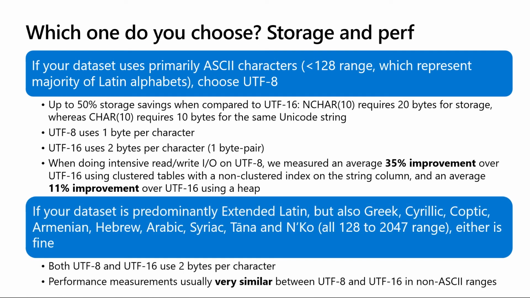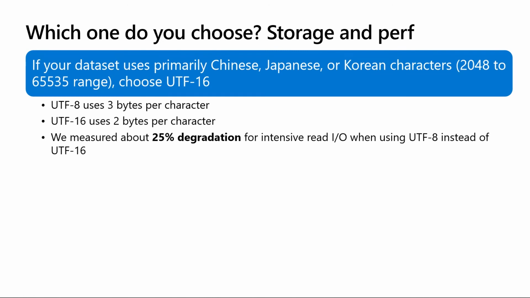If your data set is predominantly extended Latin, and also these other languages, both UTF-8 and UTF-16 use 2 bytes. So performance measurements that we've seen are very similar, and you can choose whichever you want to. If your data set is primarily Chinese, Japanese, Korean characters, so all the other characters that sit in the BMP range, then you will want to use UTF-16.